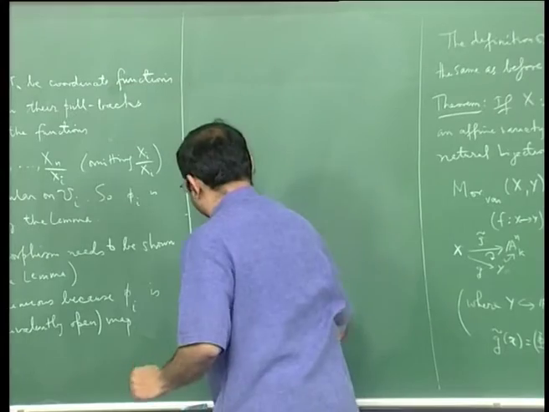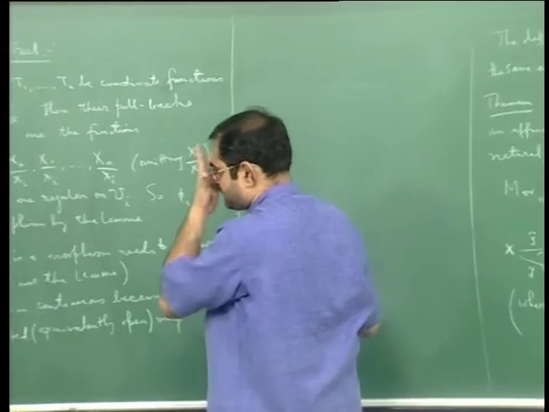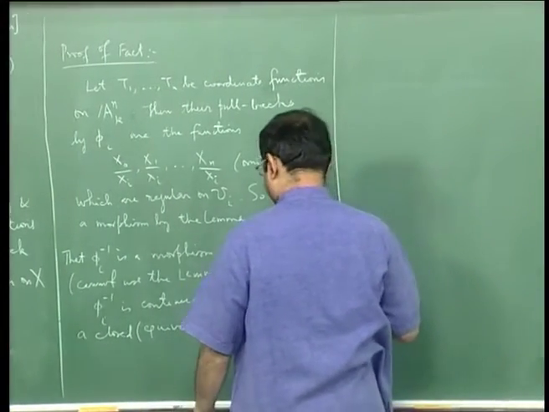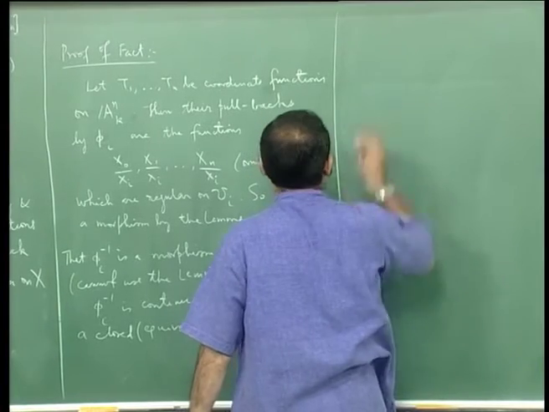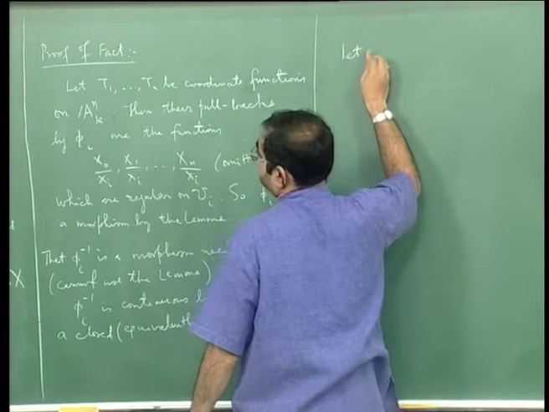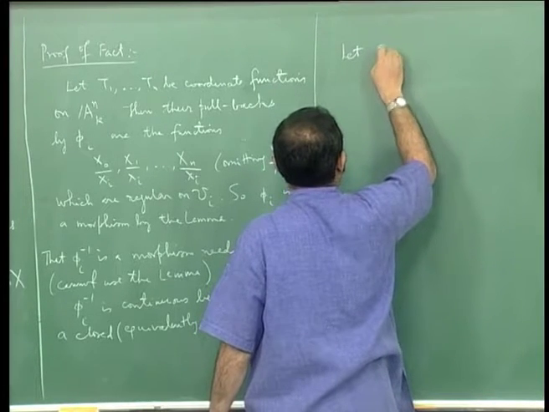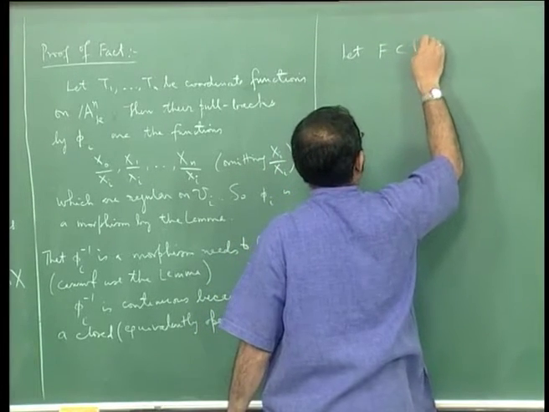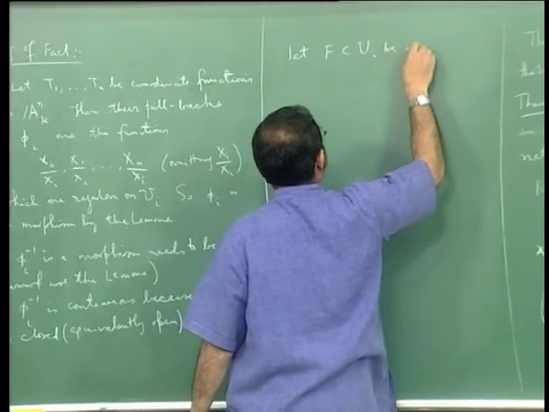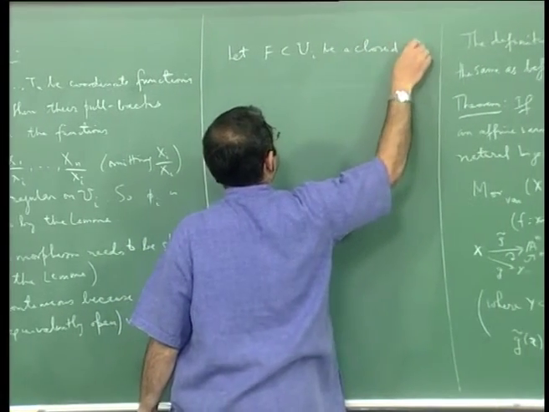So what you do is, let F in Ui be a closed set.